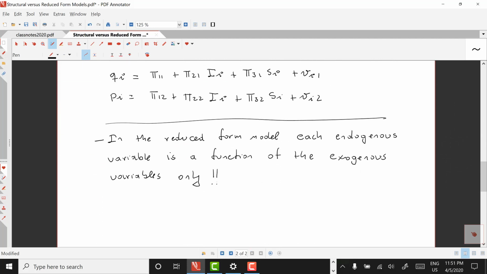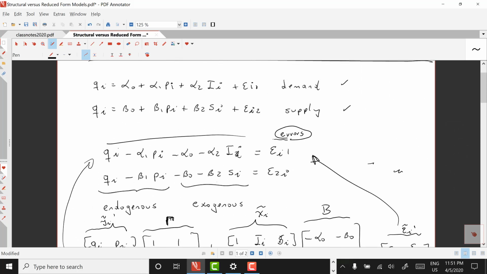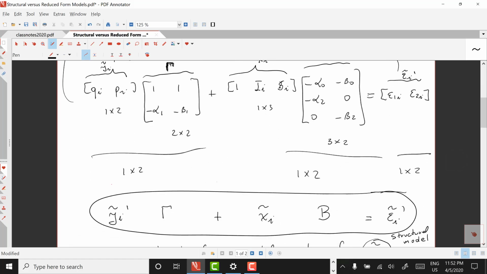So the thing to remember is that in structural models, in each equation, we have both endogenous and exogenous variables. You see here in our demand equation, we have Qi and Pi. In the supply equation, we have Qi and Pi. That's what we have in the structural models.